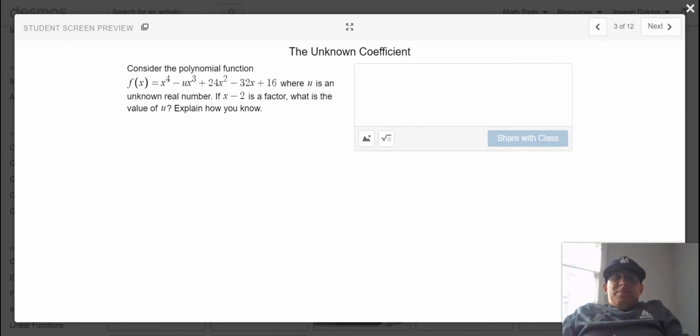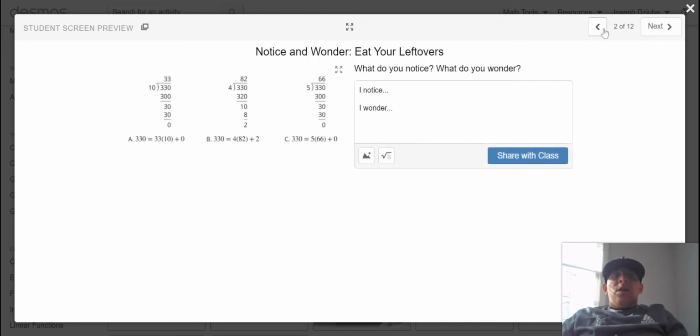With that being said, we are going to try to determine missing coefficients in polynomials based on knowing a factor of the polynomial. I'm going to go back to the notice and wonder for a second.